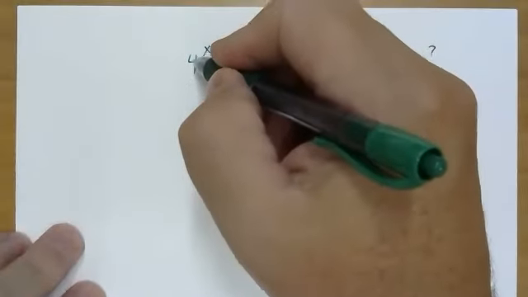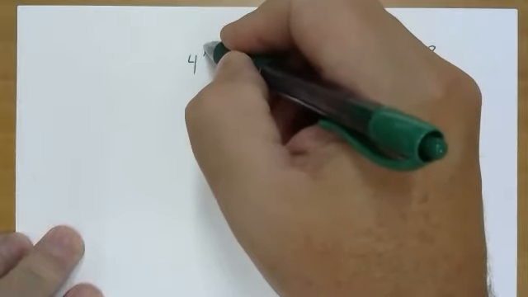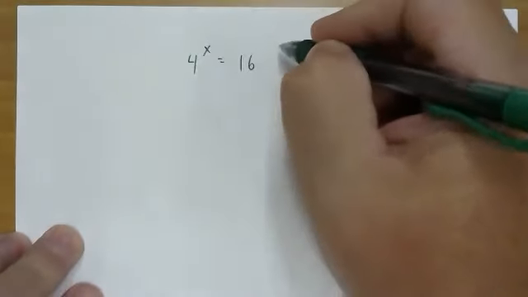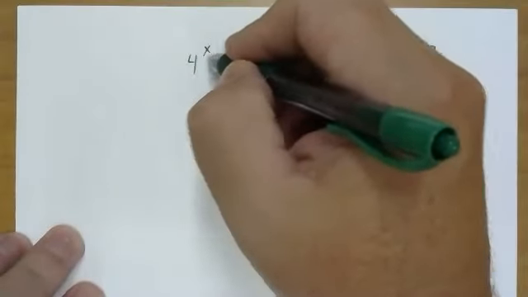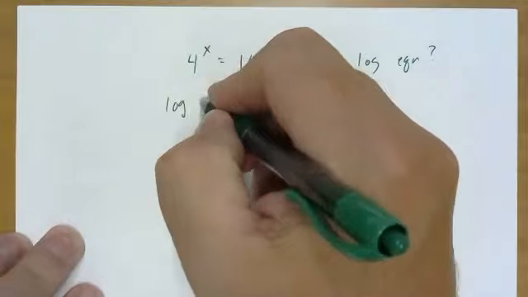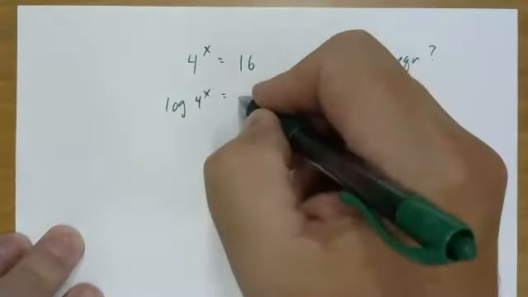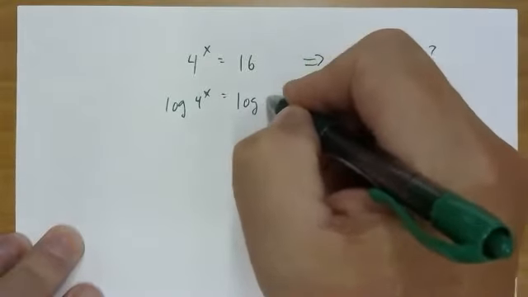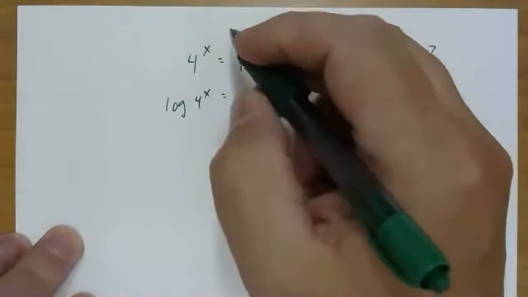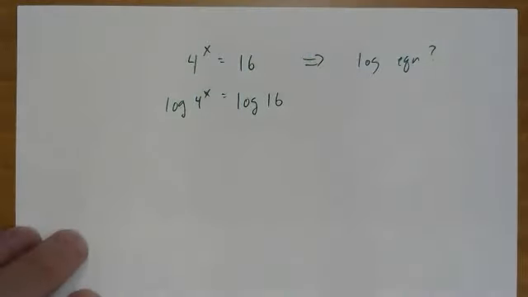The key is, as an exponential, 4 is my base, x is the exponent, and the 16 is this number. What I'm going to do is take the log of both sides of this equation. It's almost like in the world of math, you could do anything you want to an equation as long as you do the same thing on both sides. So I'm going to take the log of both sides.